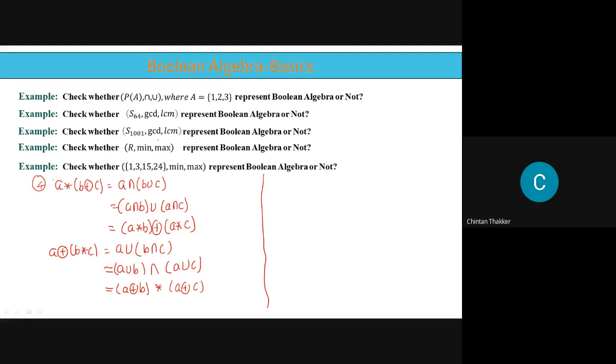Then we have the bounded lattice, that is, 0 and I element.